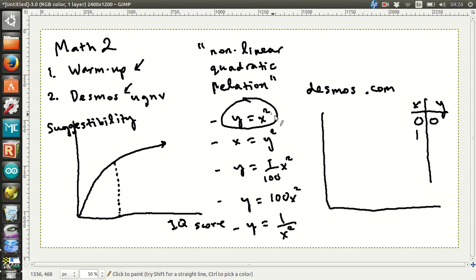It's 1 squared. If x is 2, what is y? 2 squared. If x is 3, what is y? 3 squared. So 0, 0, 1, 1, 2, 4, 3, 9. So this function, obviously, does not match this function. This is not the answer.